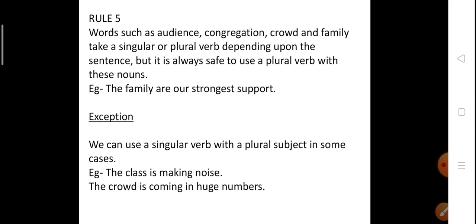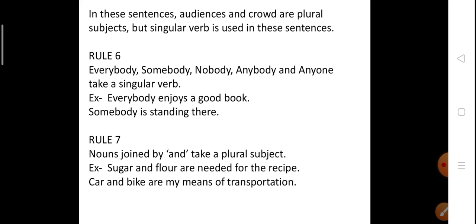The crowd is coming in huge numbers. The crowd is a group of people, but still with that we are using is, the singular verb. In these sentences, audience and crowd are plural subjects, but a singular verb is used.